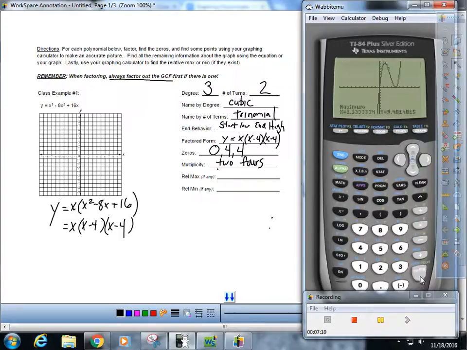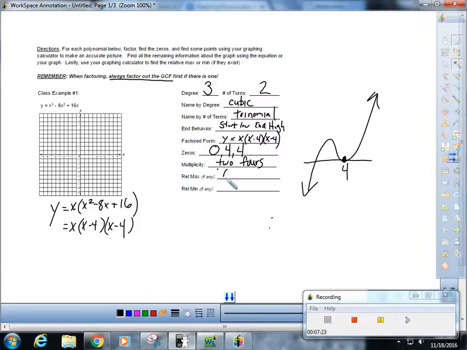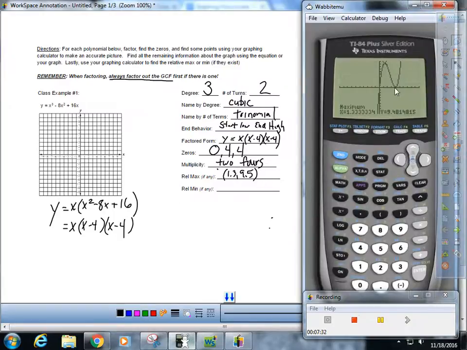Enter. The maximum is at, okay, so x equals 1.3 repeating, and y equals 9.5. We'll call it that. 1.3 comma 9.5.